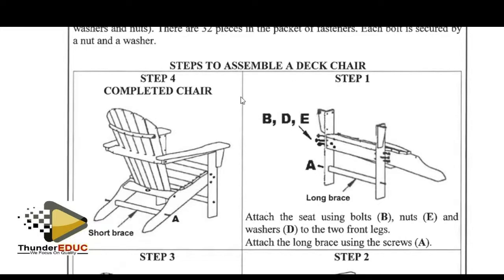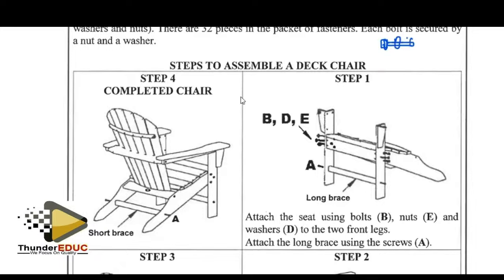One bolt. The bolt is that nail. So one bolt will have a washer, a small disc-like material.